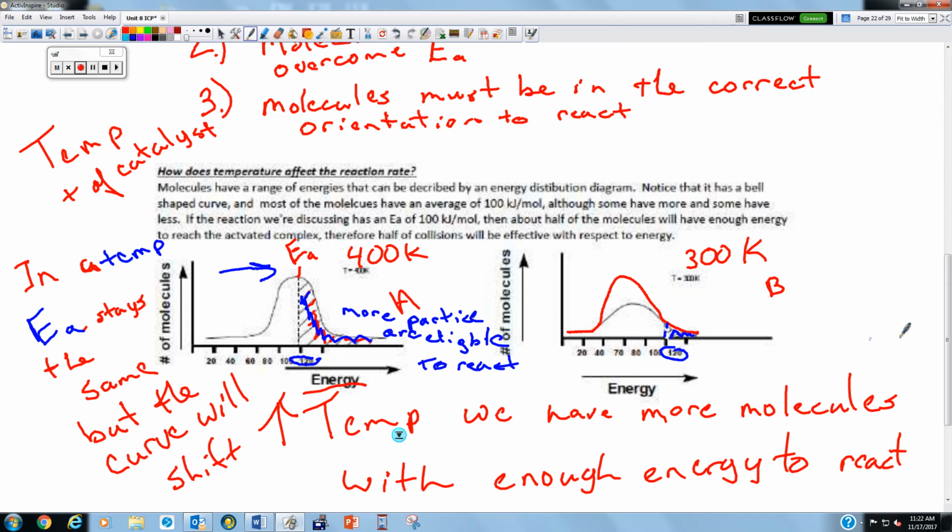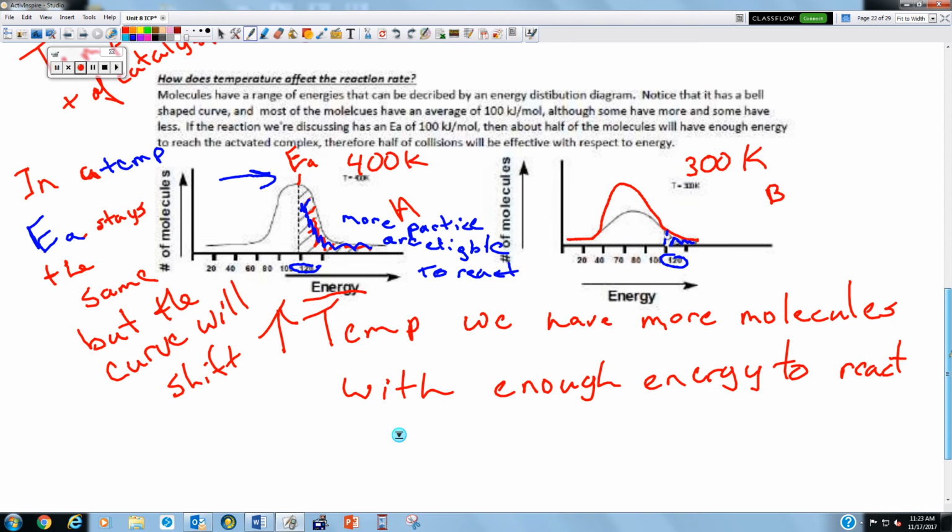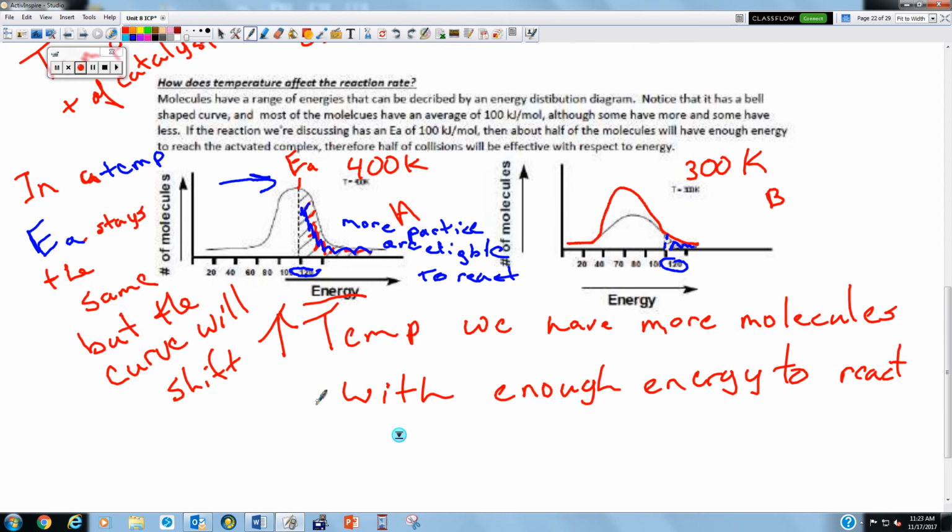Now, let's look at what happens with the addition or subtraction of a catalyst. One more statement I want to make before I move on from this one.